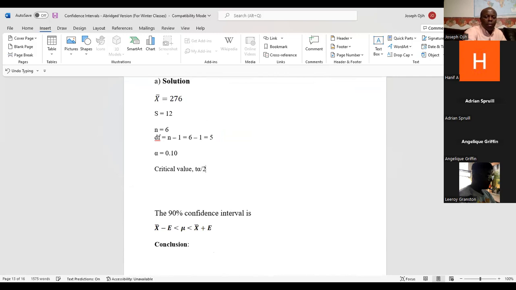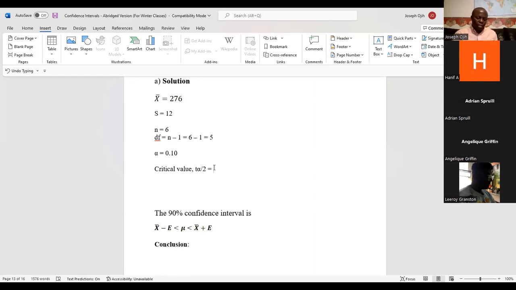Remember, we use alpha over 2 because it is two sides, left side and right side, for the confidence interval. Now, to make this look more like a formula, I'll take you to the other workbook where we can put them in the formula, do the calculation, and bring it back here to the main workbook.